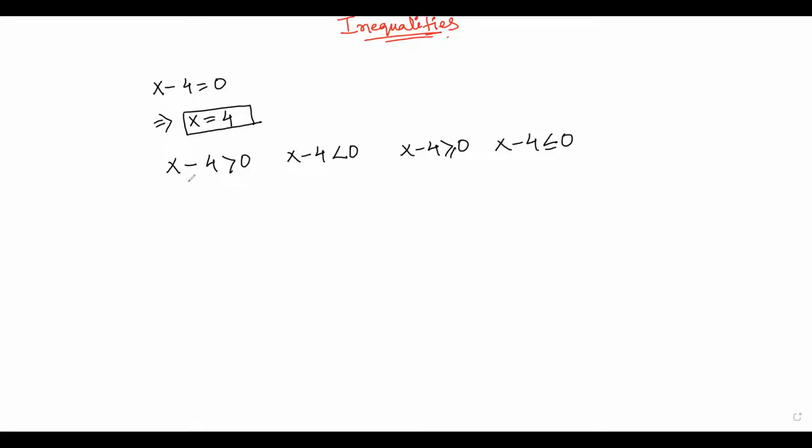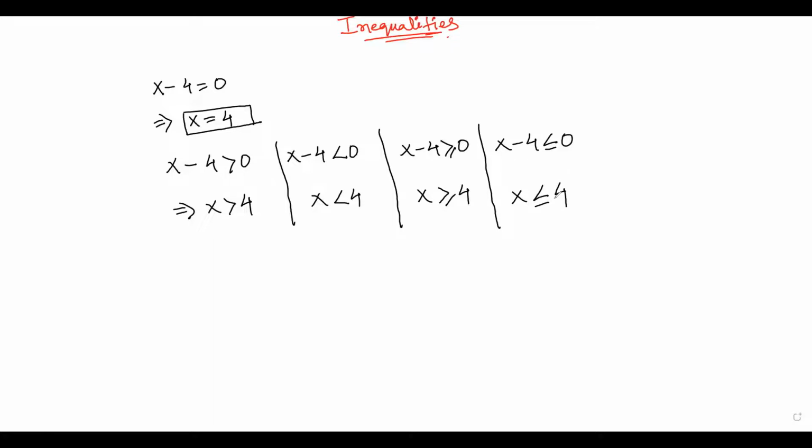For example, if x minus 4 is greater than 0, we can take this minus 4 to the right side. In that case, this would be x greater than 4. In a similar way, for this case, this would be x less than 4. For this case, x greater than equal to 4. For this case, x less than equal to 4.